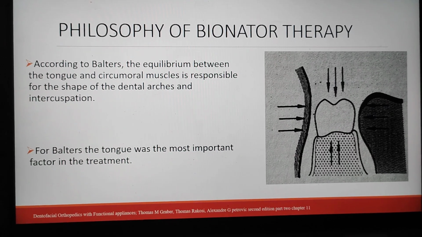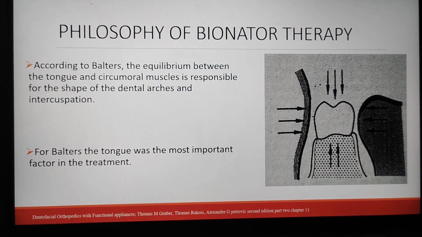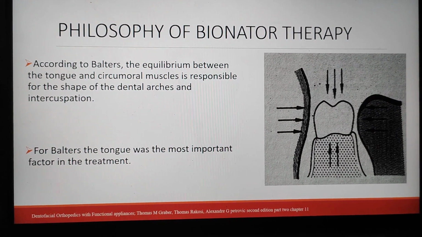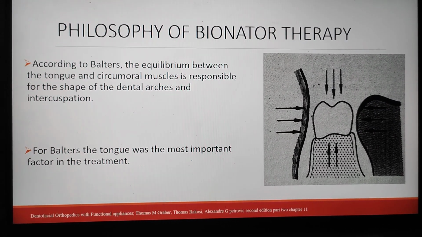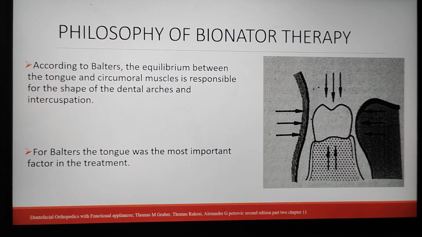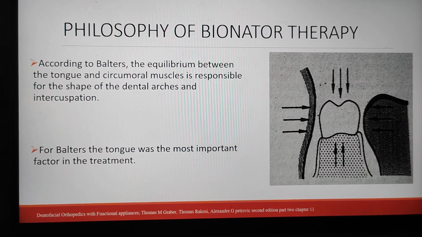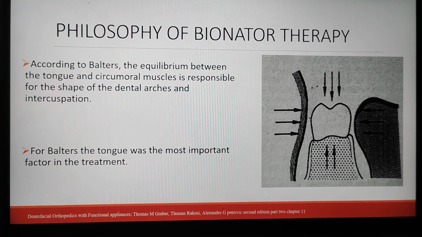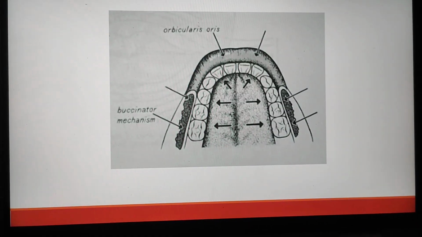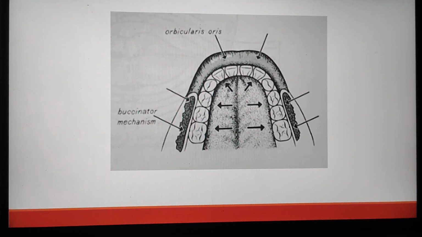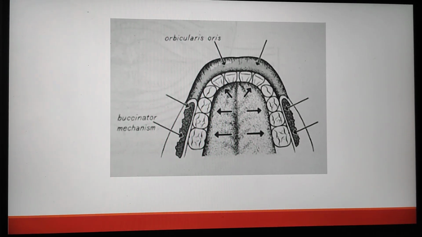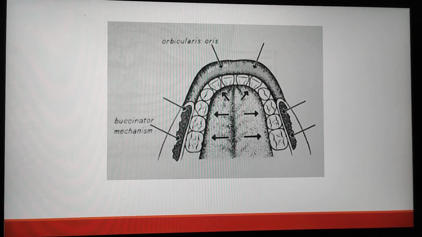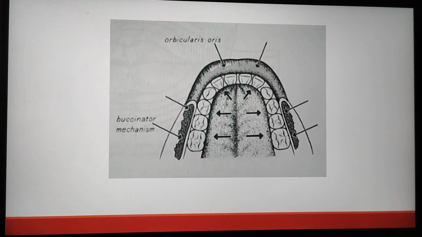Philosophy. Balter believed that the equilibrium between the tongue and the circumoral muscles is required for the proper shape of the dental arch and intercuspation. For Balter, the tongue was the most important factor in the treatment, or the center of the reflex activity of the oral cavity. So in this diagram we can see the muscles from the outer buccinator mechanism and the orbicularis oris opposed by the muscle from the tongue inside.